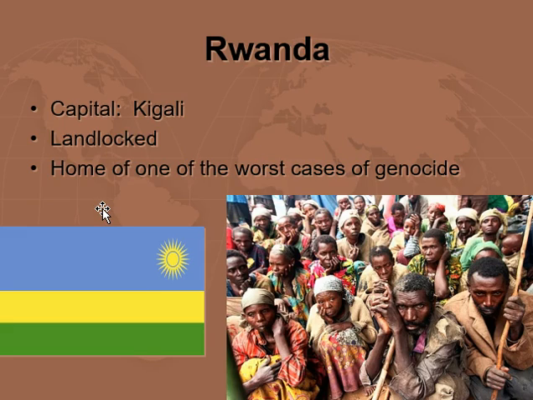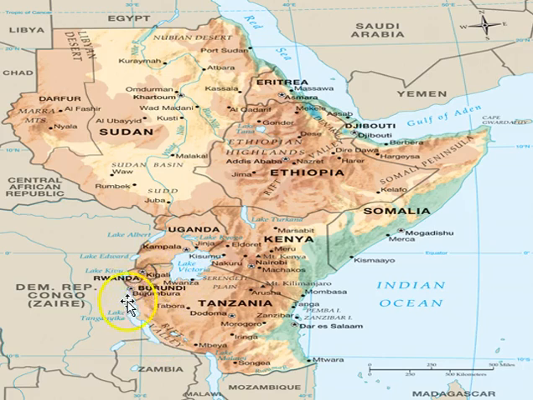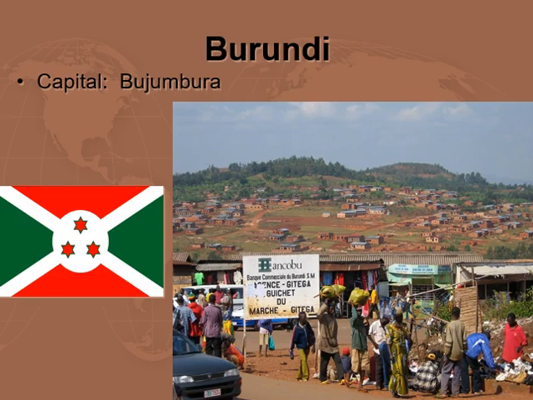So people killing their own people. And we're going to watch that in the video we're going to look at called Hotel Rwanda. So I'm not going to spend too much time discussing it here, but we'll talk about it in class when we watch the film. Next is Burundi. The capital is Bujumbura, and that's all you need to know here.